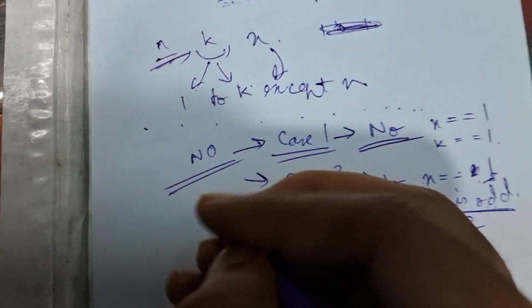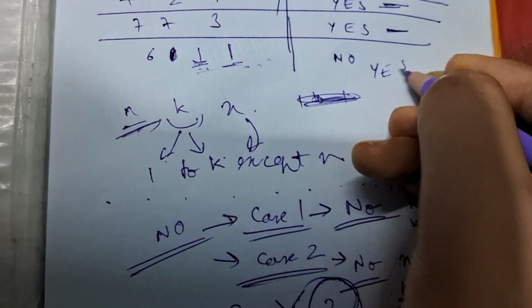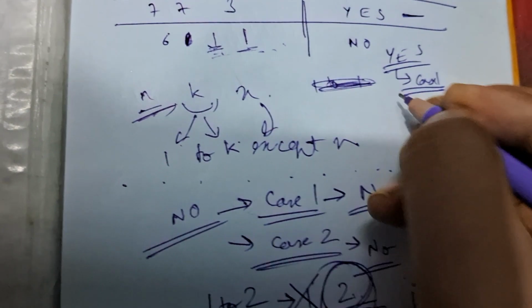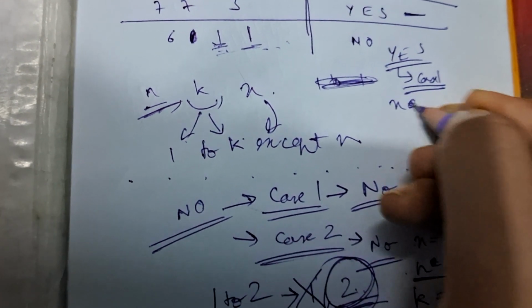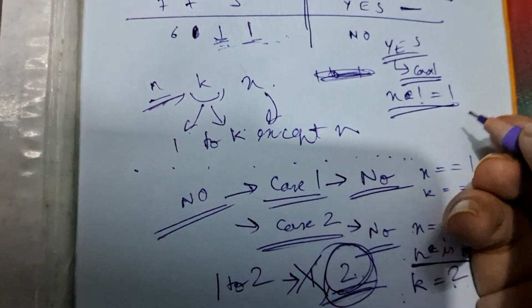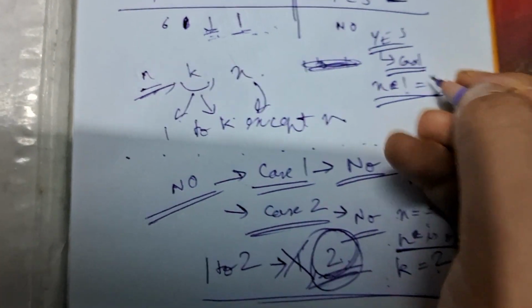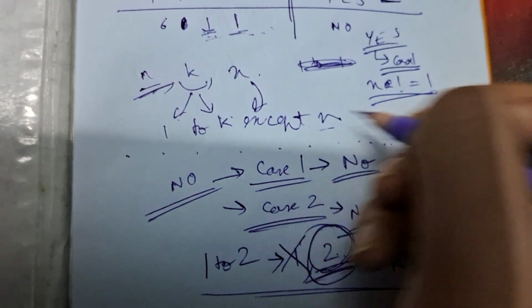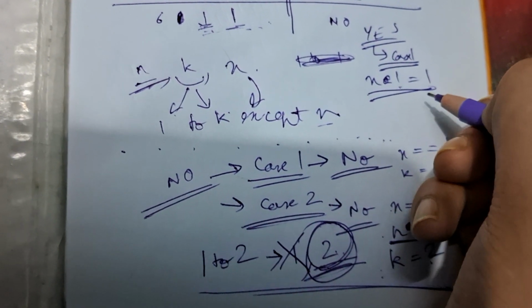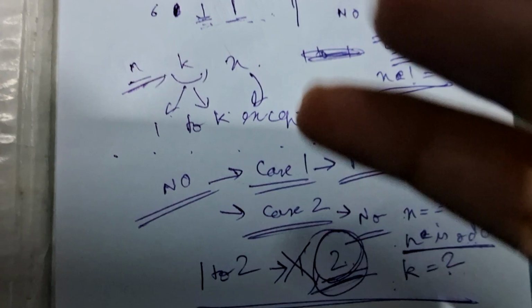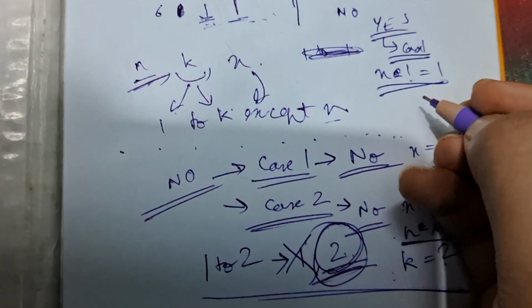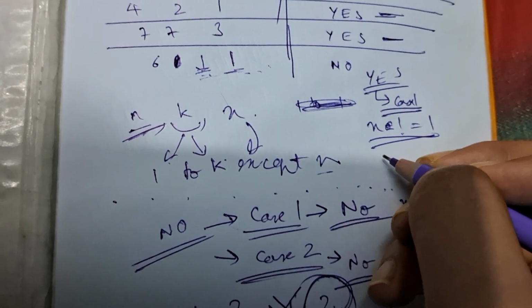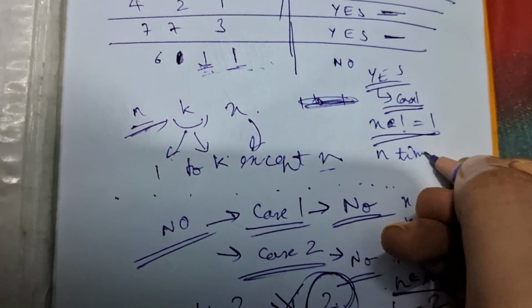Now the cases for yes. There are also two cases. The first case is if x is not equal to 1. If x is not equal to 1, then you know that you can use 1, because you can't use x, but all the remaining numbers you can use. Sorry, you can use 1 over here, right? So since you can use 1, you're going to print n times 1.